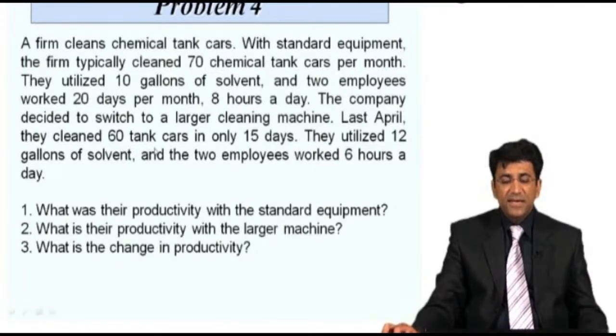They cleaned 60 tank cars in only 15 days. Now students, if you are interested to calculate the productivity with respect to a single factor, that is the gallons of solvent, you can see that in this particular case they utilized 12 gallons of solvent. So what is our new output and input? Our new output is 60 and our new input, if we consider the solvent as input, is 12.